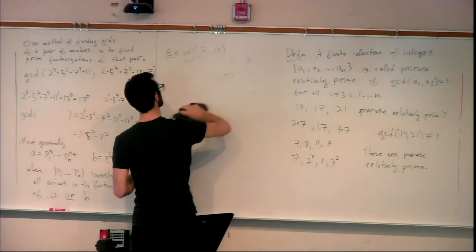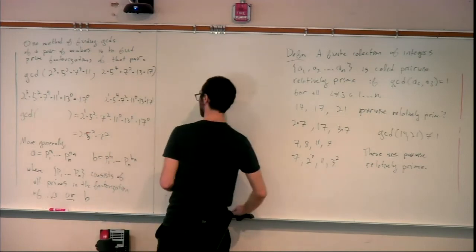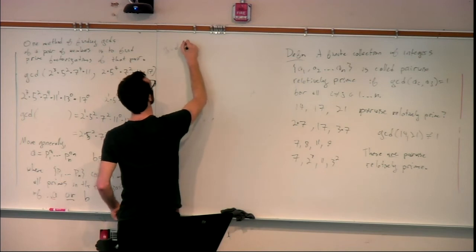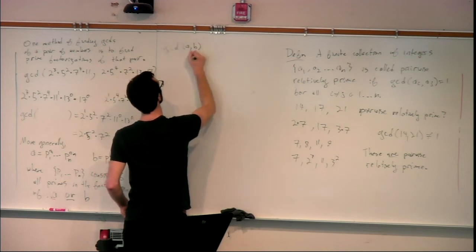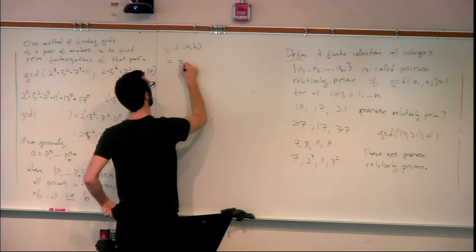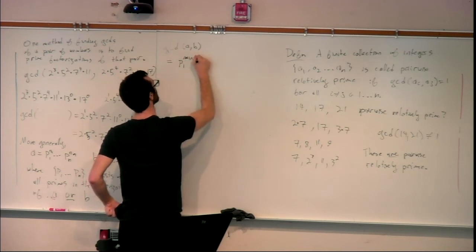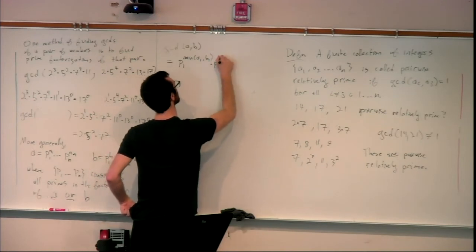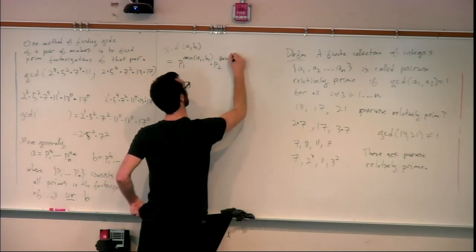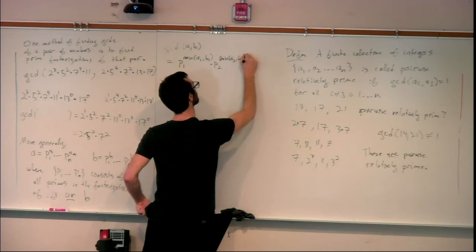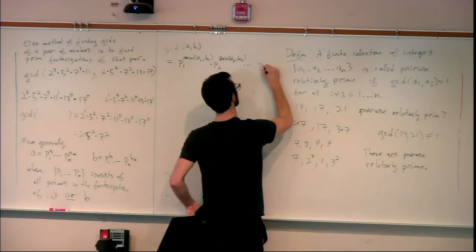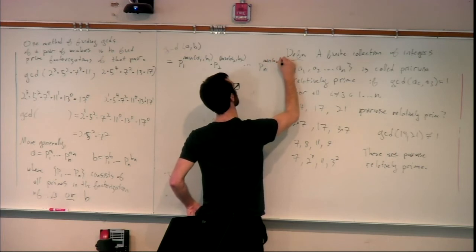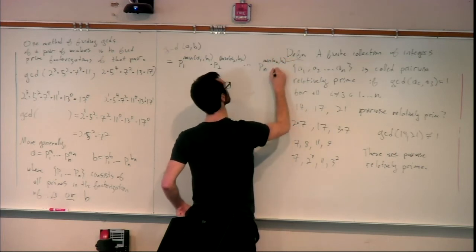But once I've written my two numbers this way, then the GCD of A and B is equal to P1 to the minimum of A1 and B1 times P2 to the minimum of A2, B2, all the way up to Pn to the minimum of An, Bn. Okay?